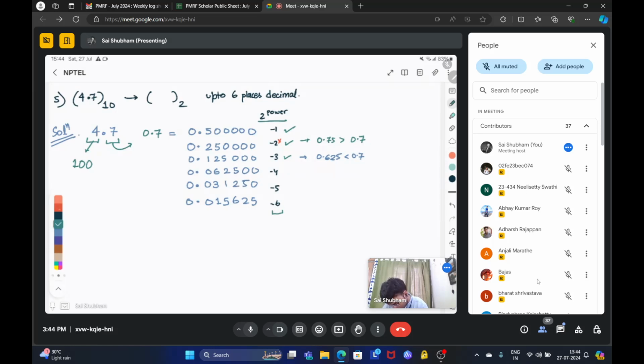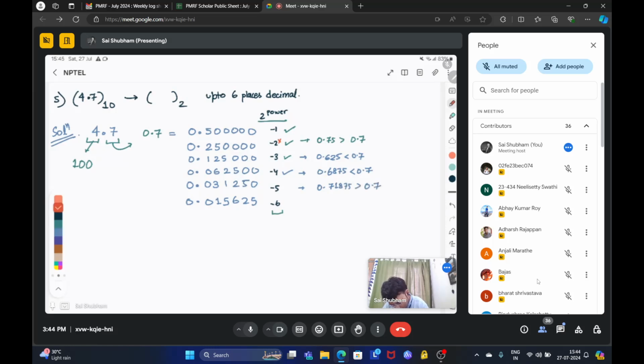Now, next we have -4. So this makes your sum 0.6875, which is less than 0.7. So it works. Next, you have -5. So this makes it 0.71875, which is greater than 0.7.